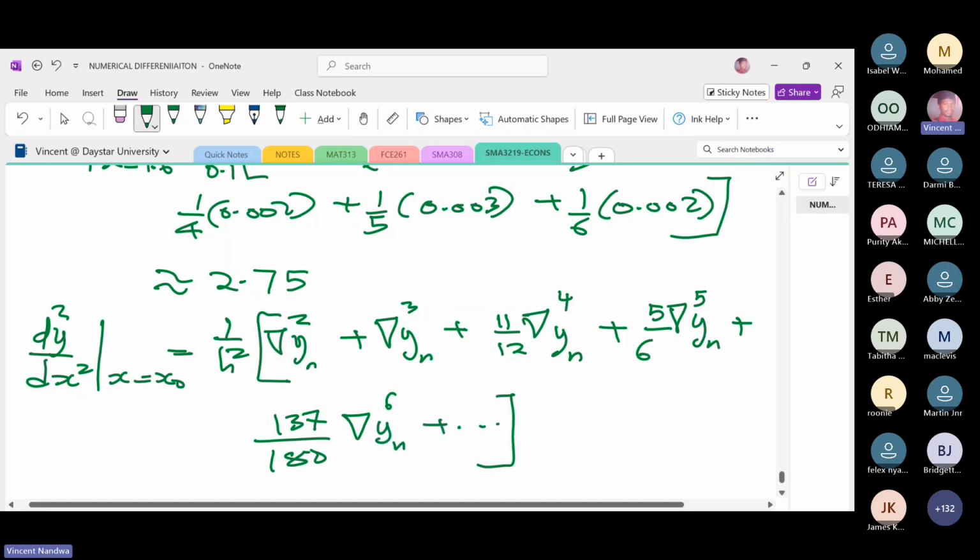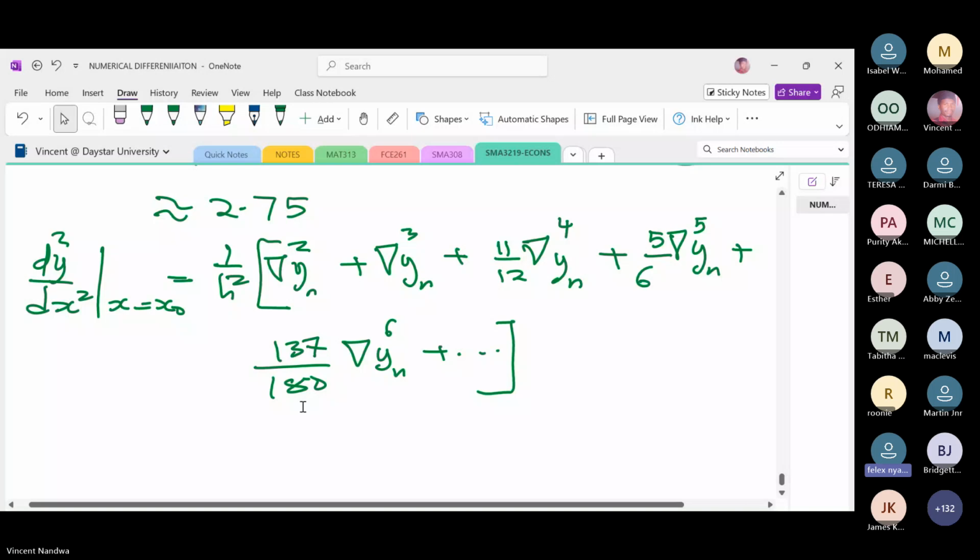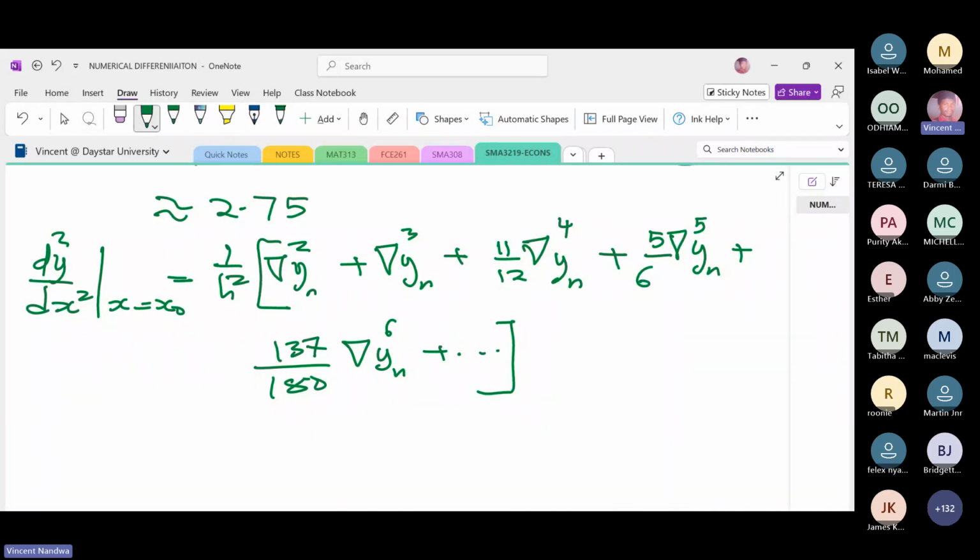But we know our table can allow us to reach up to the sixth difference. So this stops with our last term.